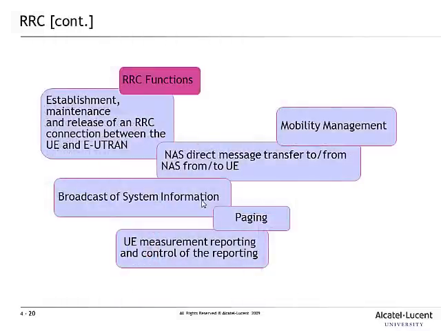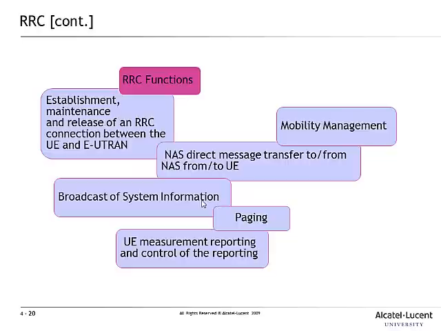So what are the functions? It performs a whole lot of functions. Okay, all the RRC functions are described. So we have establishment, maintenance, and release of an RRC connection between UE and UTRAN, which is referred to as a radio bearer. Mobility management functions.